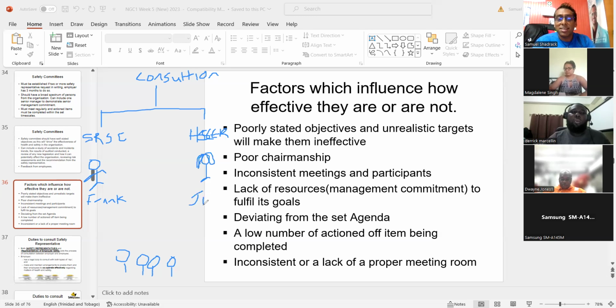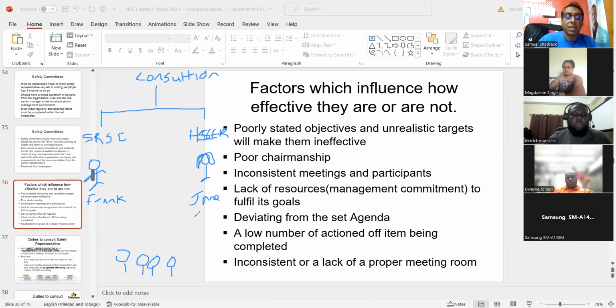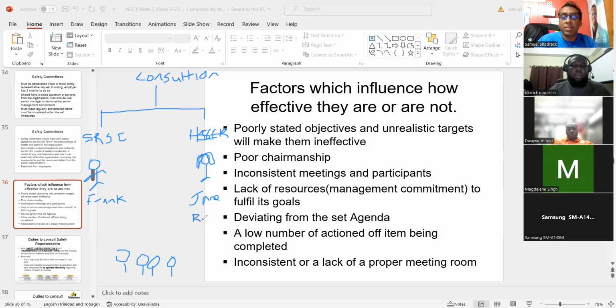She's a person as well, and you'll see title, position. The title is the representative of employee safety. We normally say RES for short. And on the other side, Frank is the SR, the safety representative.